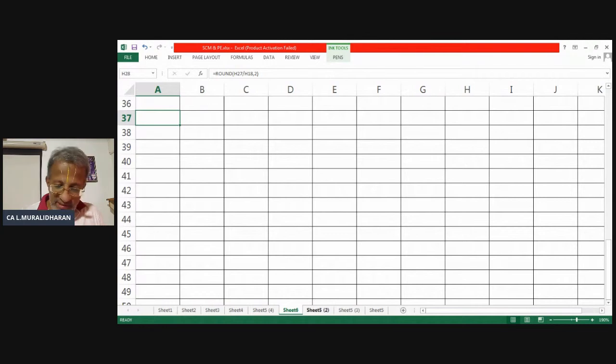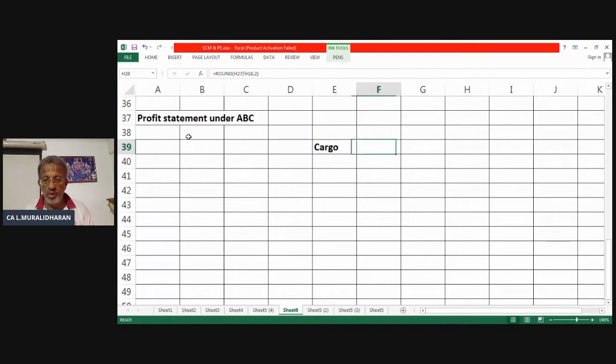Now let us try this. Profit statement under ABC, cargo and passenger.